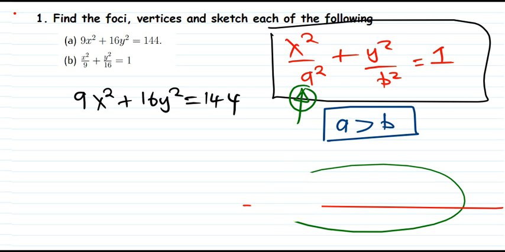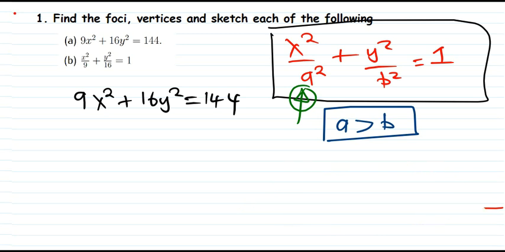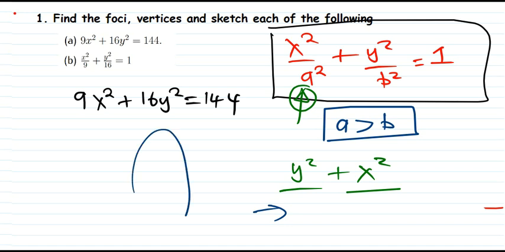And in a case where y squared has a greater value or denominator, you start with y squared like that. Then you'll be able to tell by the number down there that what I have is the major axis along the y-axis. That's going to do you some good.